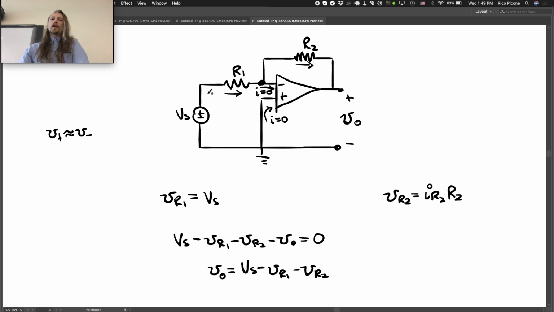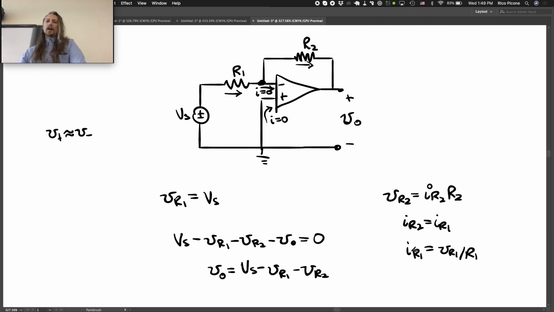So all the current that flows through R1 flows through R2, right? In other words, IR2 equals IR1. IR1, from Ohm's law, the elemental equation for R1, is just VR1 over R1.